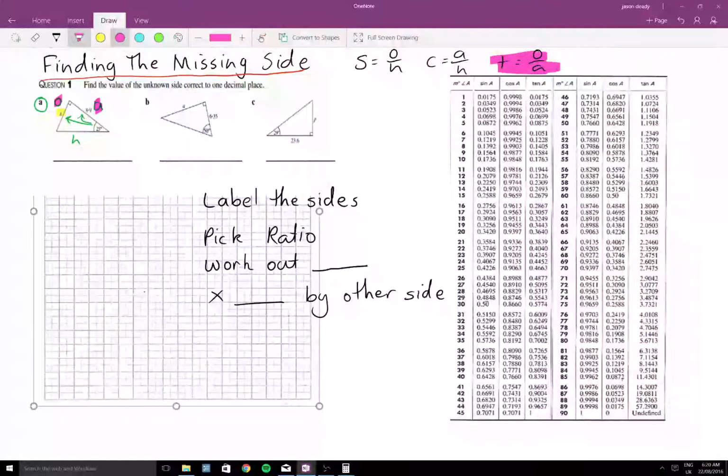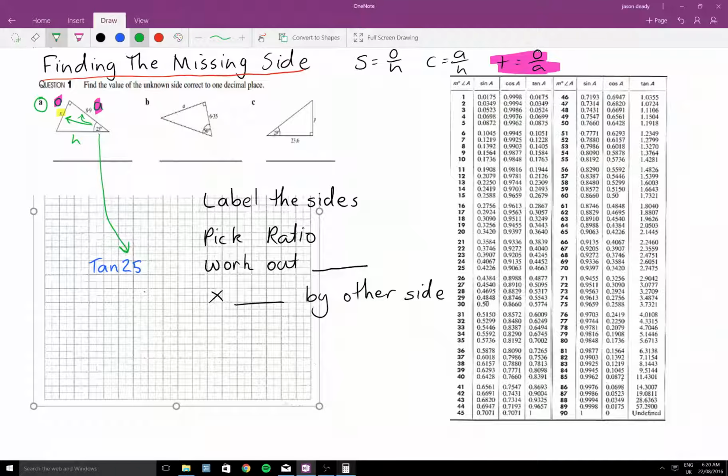I've got the ratio. My next step is to work it out. So my ratio is tan 25, and that 25 comes from the angle.